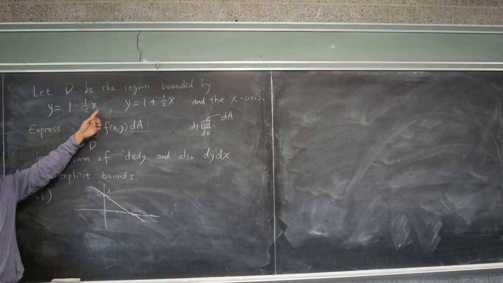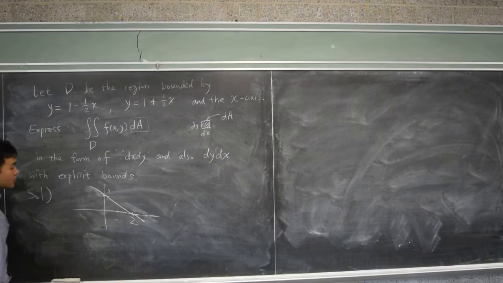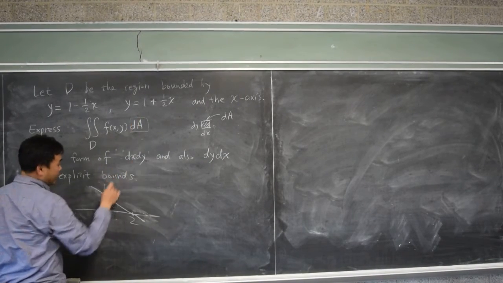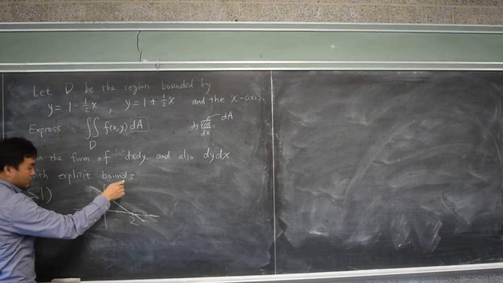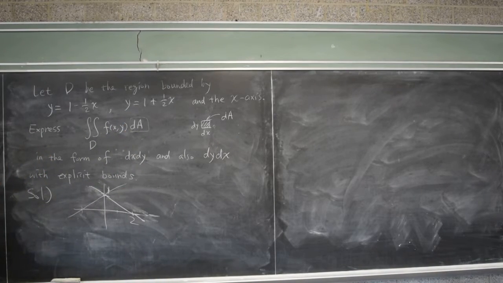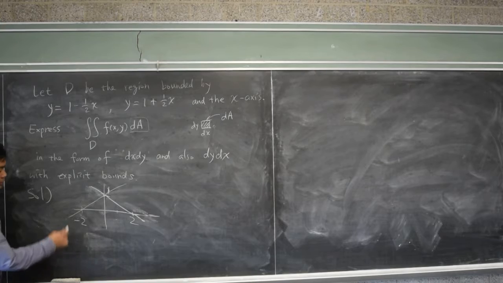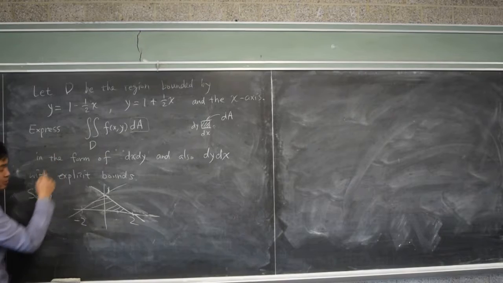If you plug in 2, you get 0 for y, so it passes through (2, 0). What about this one? Again it has 1 as the y-intercept, but it has a positive slope. What's the x-intercept for this one? Negative 2. And then the x-axis is this one. So do you see the region D? What is the region that's bounded by these 3 lines? It's this triangle. So that's what we are calling D.